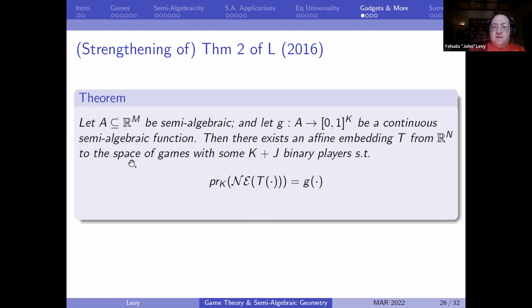So I can embed Rm into the space of games with some number of players, at least this K, at least as many as the image, and then some extra, such that if I want to get exactly the g of the input, that input in A, what I should do is plug that input into T, I get some game, find its Nash equilibria, and then project those onto the first K coordinates.